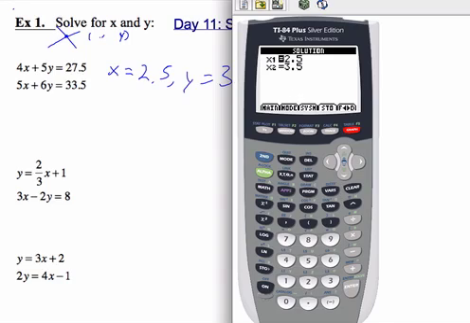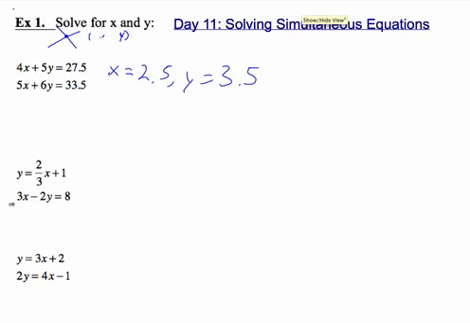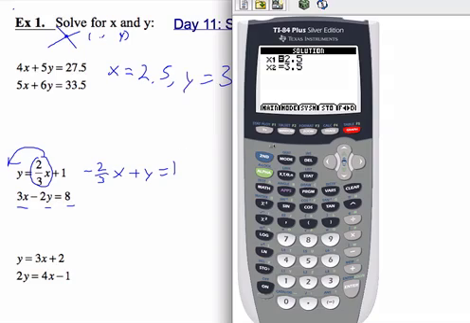Okay, next we're going to do these two. Now this is in the right format. We have the x, the y, the constant lined up. In the first equation we need to move this to the other side. So it becomes negative 2/3 x plus y equals 1. And now we can type that into our GDC. Let's go back to system here, and then we can type in these new numbers. So negative 2/3, use a negative symbol, 2 divided by 3, enter.